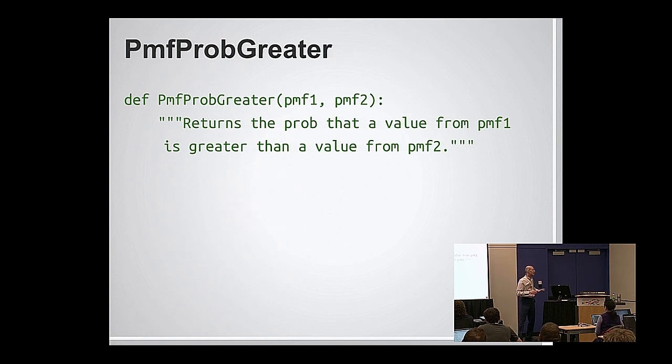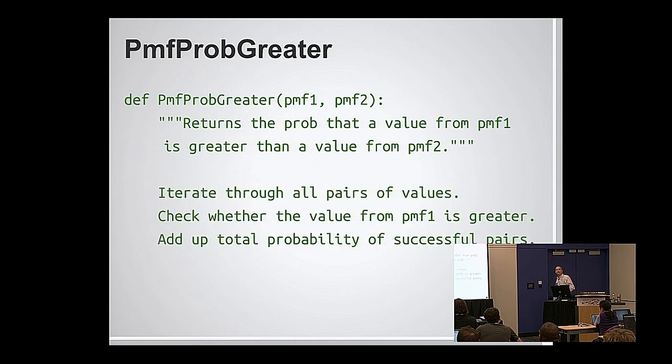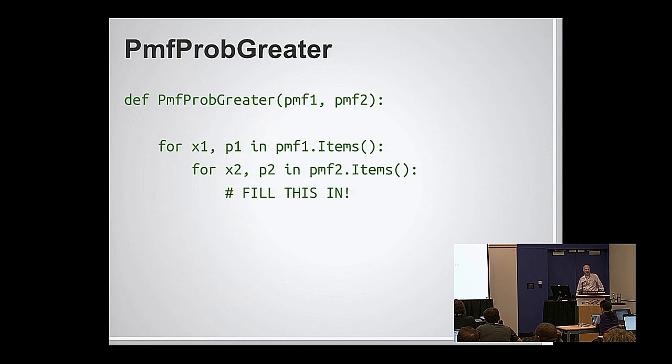Conceptually, it's a little bit simpler. The alternative is if you want to loop through the PMFs, you can iterate all the pairs, check whether the value from PMF1 exceeds the value from PMF2, and add up the total probability. And I'll give you a little bit of the infrastructure for doing that. There's an items method. The PMF provides items, which allows you to loop through all the x's, those are the possible values of x, and the corresponding p's, which are the probabilities.